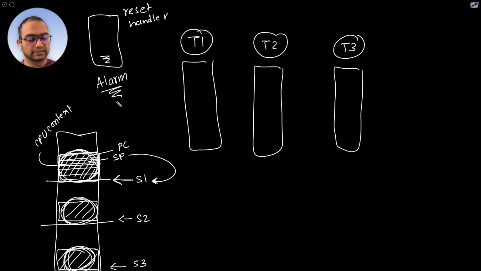So the idea is that the alarm goes off, and every time that alarm goes off, the CPU understands that, hey, I must go and load my stack pointer with the stack pointer for the task, and there I will extract the CPU context from. If all of this is sounding kind of confusing, just hold on, things become a lot clearer.